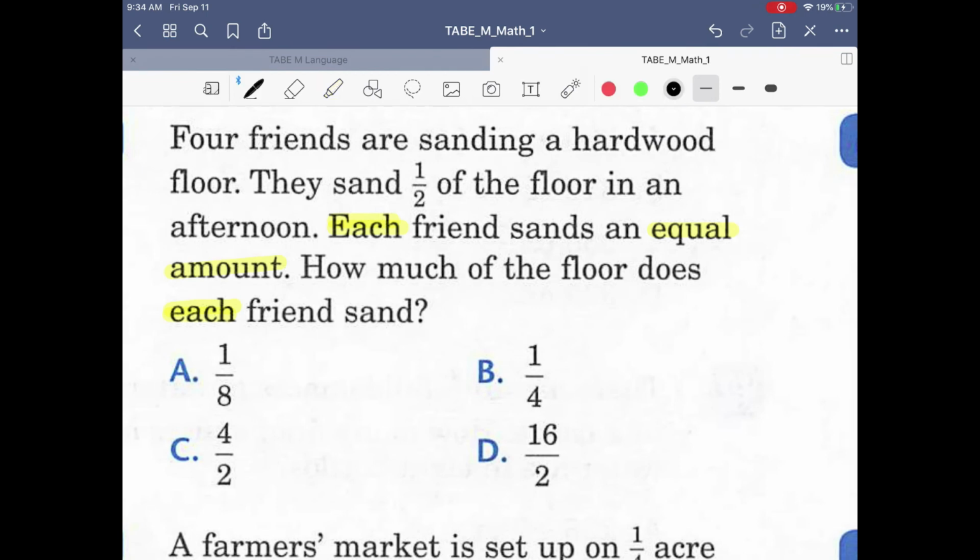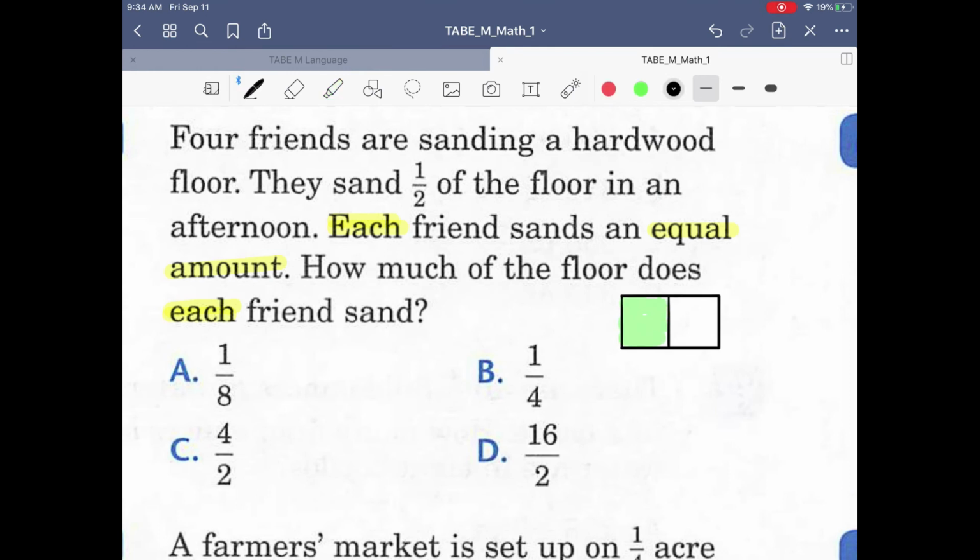So then let's take a look at the story that we're told. We know that we have a hardwood floor, so I'm just going to sketch that. They did not sand the whole floor. They only did half of the floor. So let's mark that off as the part that they sanded.